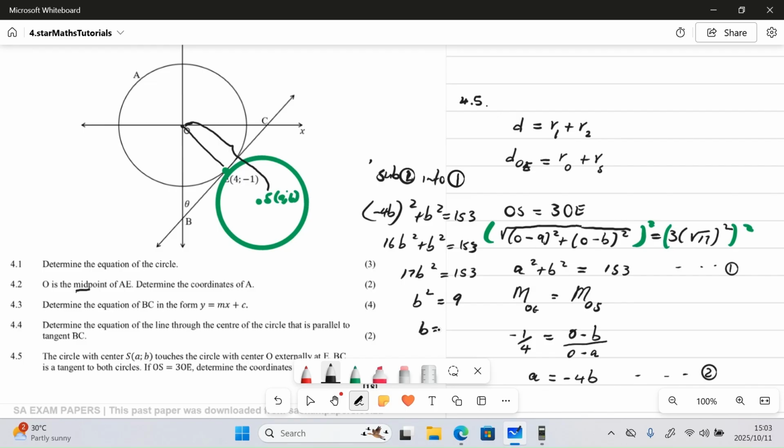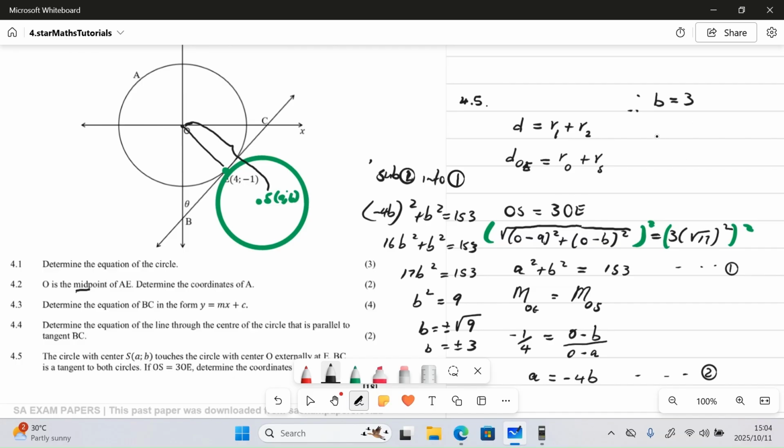Then b is the square root, plus or minus, because we are removing the square. The answer is plus or minus 3. Then we check which side b is. B is on the negative side. The value of y is negative. Therefore, the value of b is negative 3.